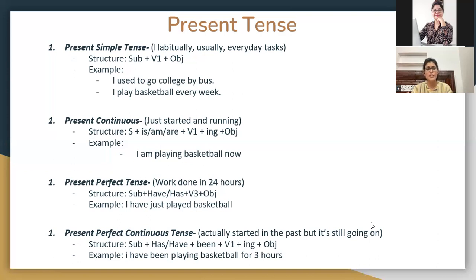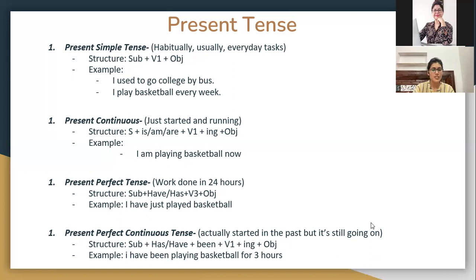So we use present perfect continuous tense. And in present perfect continuous tense, for time indefinite or fixed, we use for or since. We use for when time is indefinite. We use since when time is fixed.